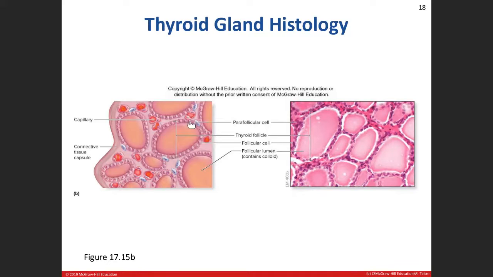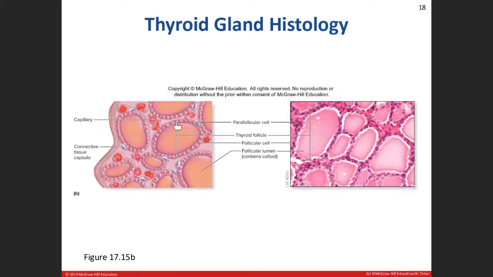Here are our follicles. Here's the ring, and that's lined by the follicular cells, and they're going to synthesize and make our thyroid hormone. At the center of the follicle is our colloid. And we'll talk about all that in lecture, the process of making the colloid and breaking it down.